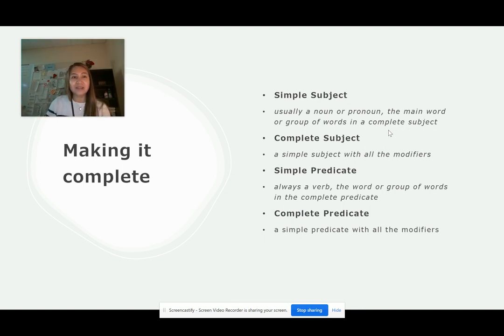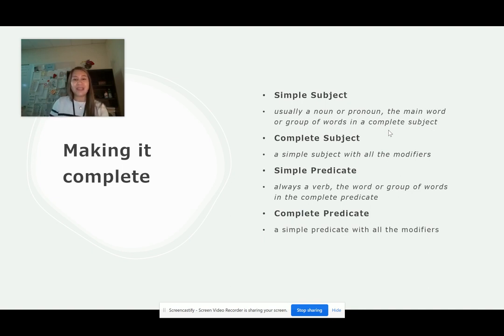Simple predicate, always a verb. This is what I said in my other slide. Always a verb or the word or group of words in a complete sentence. Okay. So in my sentence, Miss Macarae, comma, the ELA 9 teacher has been out for 2 days. Has been out. Okay, that's the action word. She has been out.